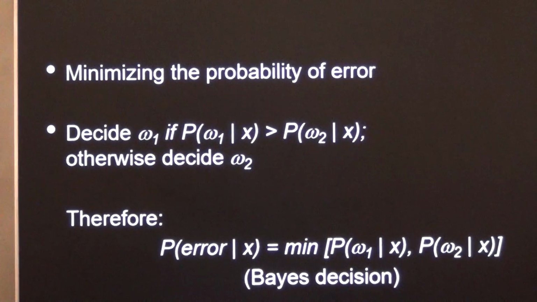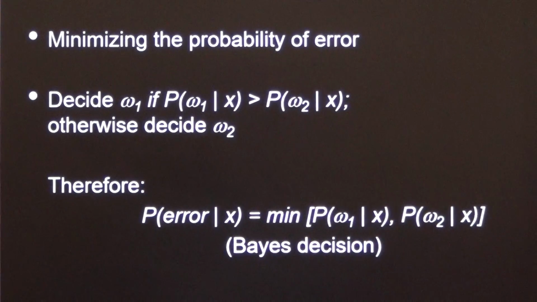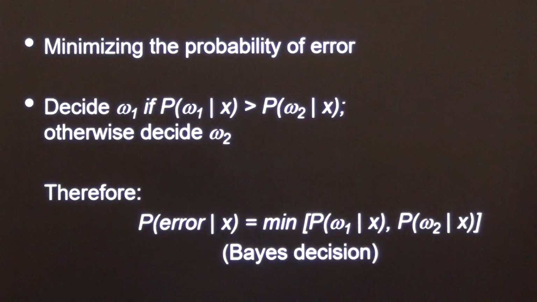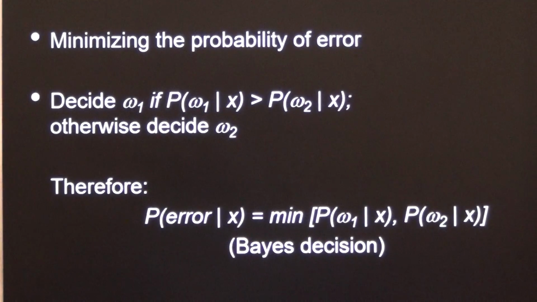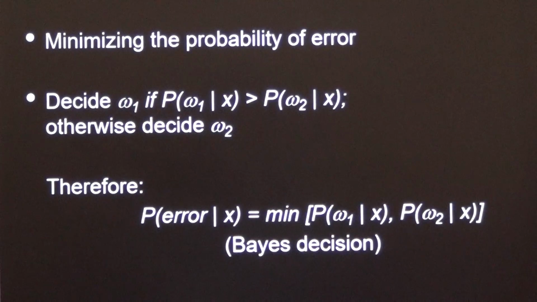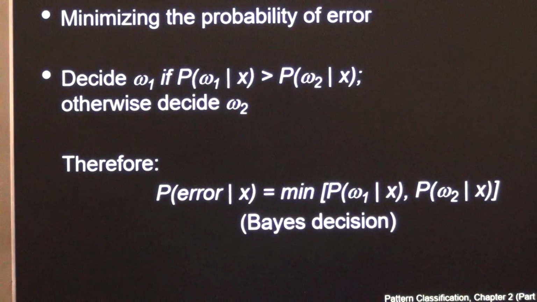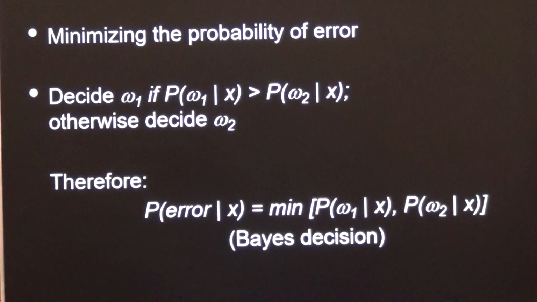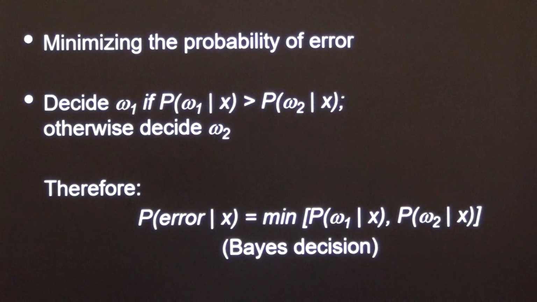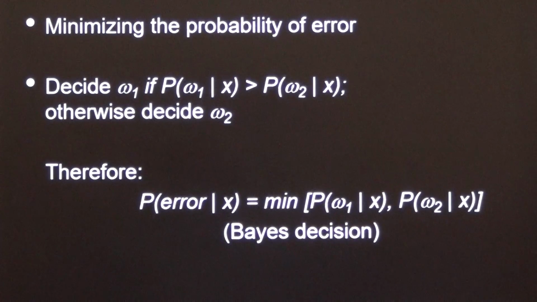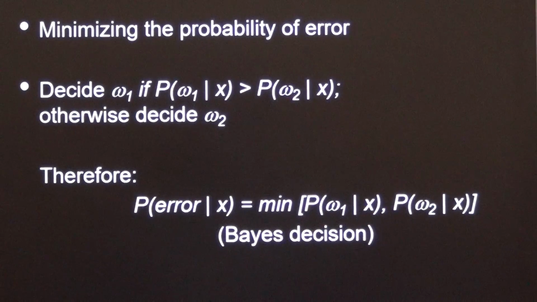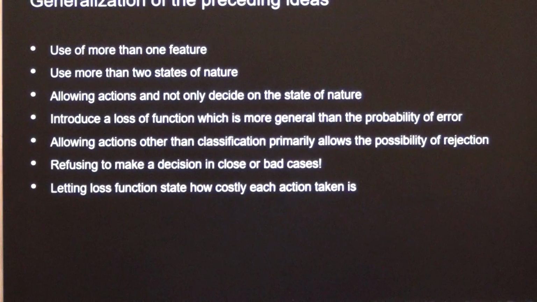So to minimize the probability of error, decide W1 if P(W1|x) is greater than P(W2|x), otherwise decide W2. You have to choose from W1 or W2. Therefore, we always try to minimize the error. So the error of x is equal to the minimum of P(W1|x) and P(W2|x). This is your Bayes decision.